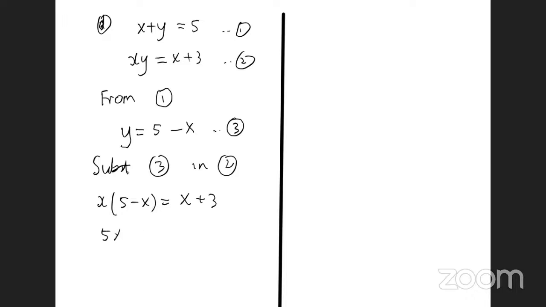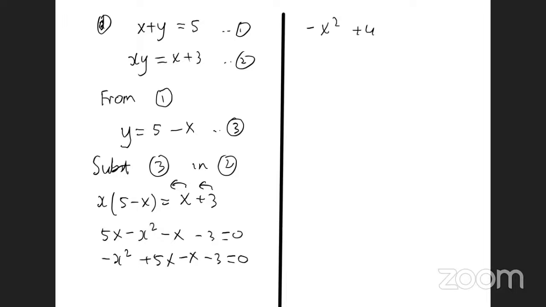This is 5x minus x squared. Moving across the x, I'll get minus x. Moving across the 3, I'll get minus 3. Right? So I'll get minus x squared plus 5x minus x minus 3 is 0, which is minus x squared plus 4x minus 3 is 0.